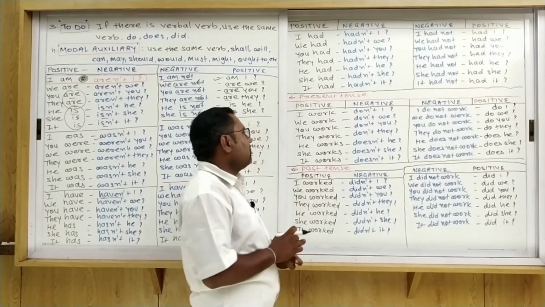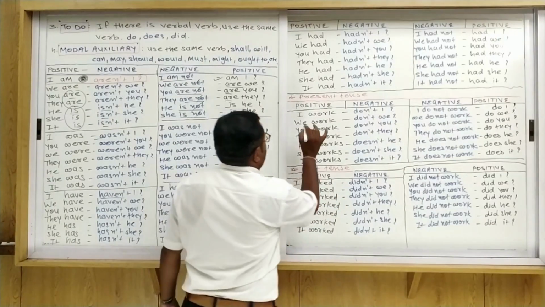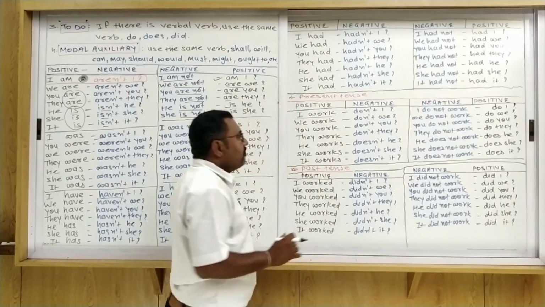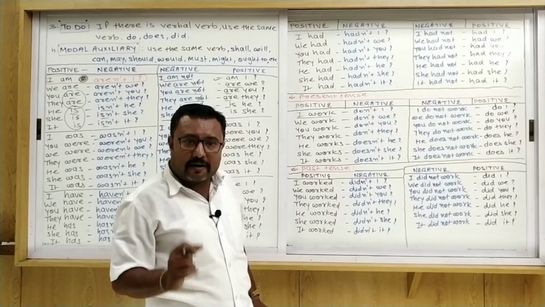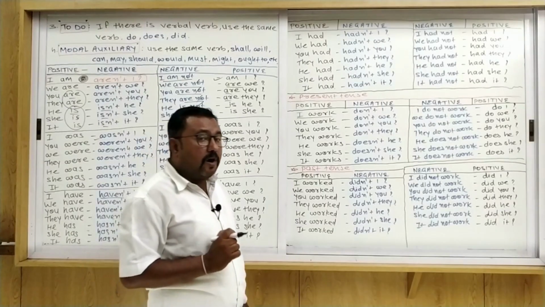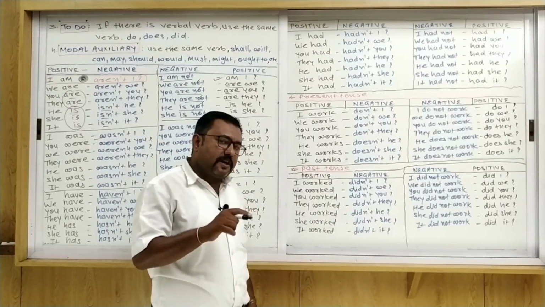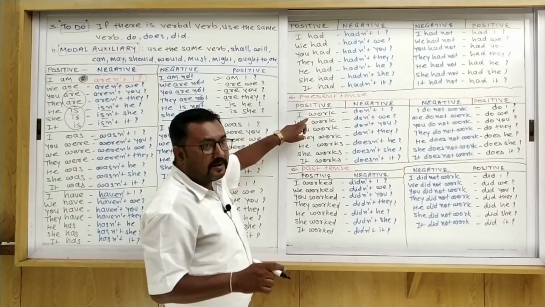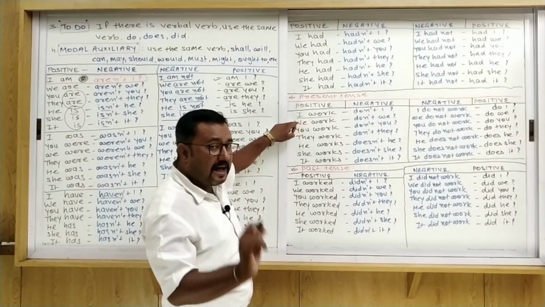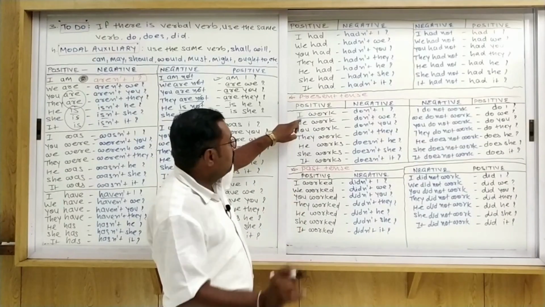So first sentence, see that if I say I work hard, I work hard. So work is verb, and which tense you use here? Present tense. So you cannot say I am work, I was work, only I work.